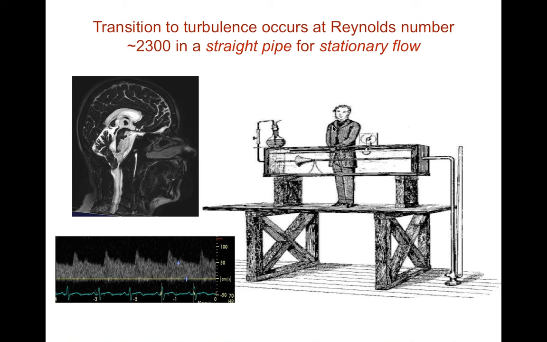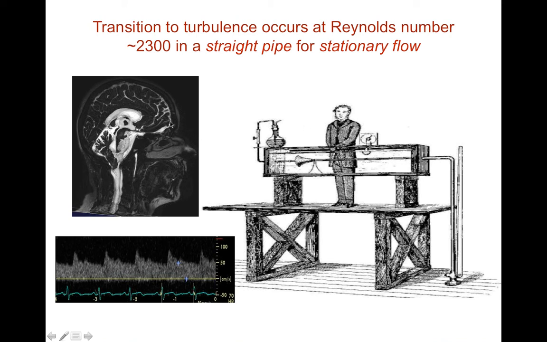Of course, those of us with a background in fluid mechanics know that transition occurs when the Reynolds number is around 2000. That is what Reynolds discovered in his famous experiments a couple of hundred years ago. What he did was consider a straight tube, and he also considered pulsatile flow.